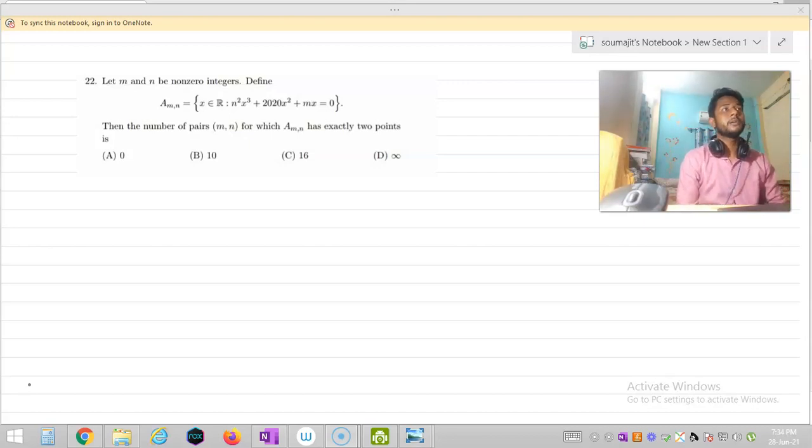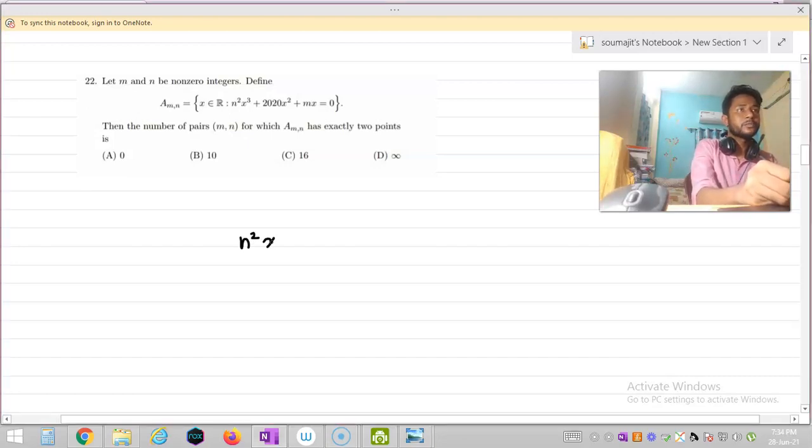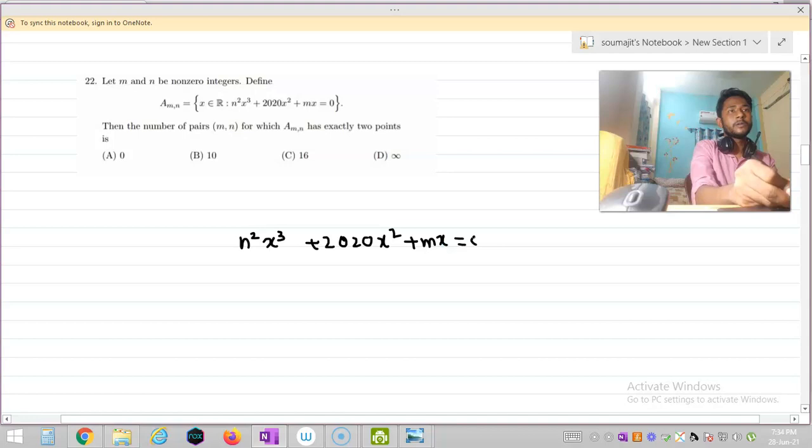So we have to find the number of ordered pairs (m, n). Now observe this cubic equation: n square x cube plus 2020 x square plus mx is equal to 0. You can see that x equal to 0 is always a solution of this equation.